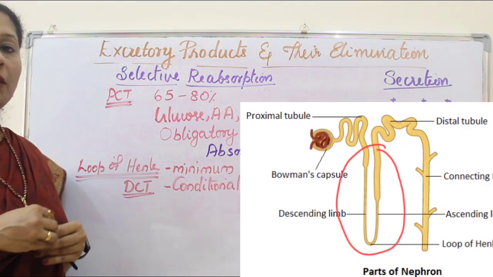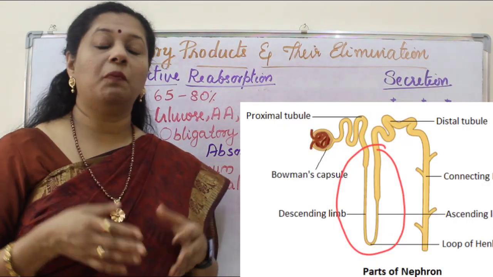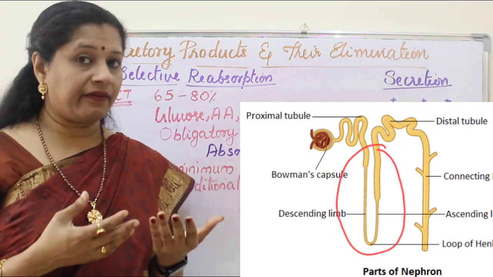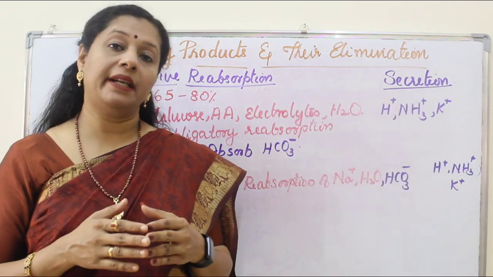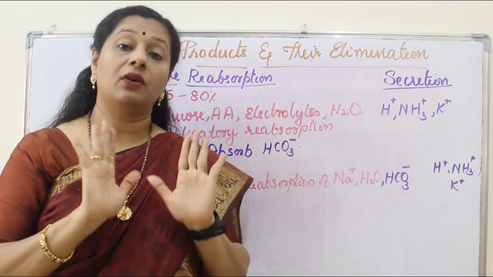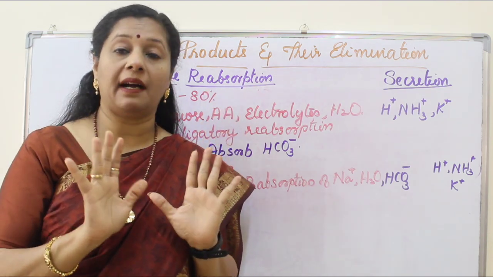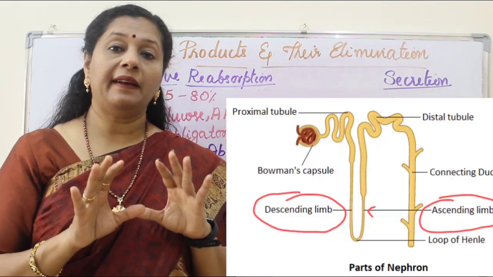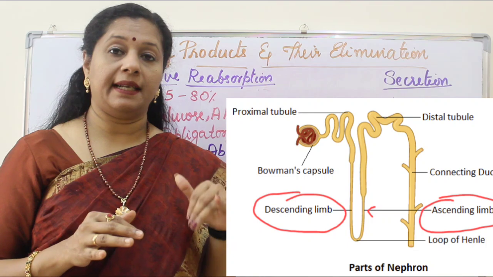Now coming to the loop of Henle. As I mentioned earlier, the loop of Henle has minimum reabsorption happening, but its function is different. It is mainly for concentrating the urine. It has to keep the medullary interstitium highly osmotic, meaning the osmolarity should be high there. This is maintained by our loop of Henle. The loop of Henle has two limbs, ascending and descending.